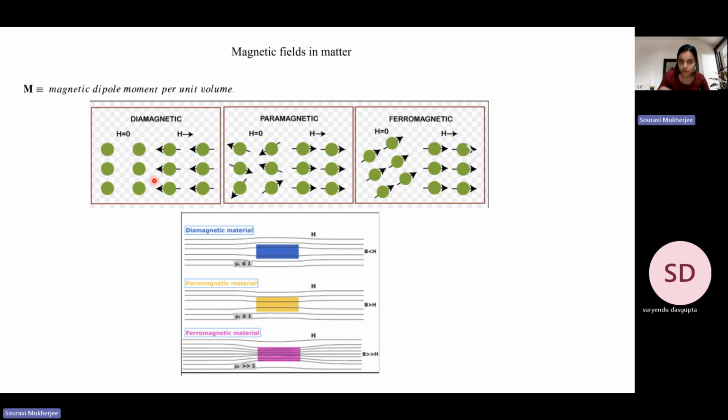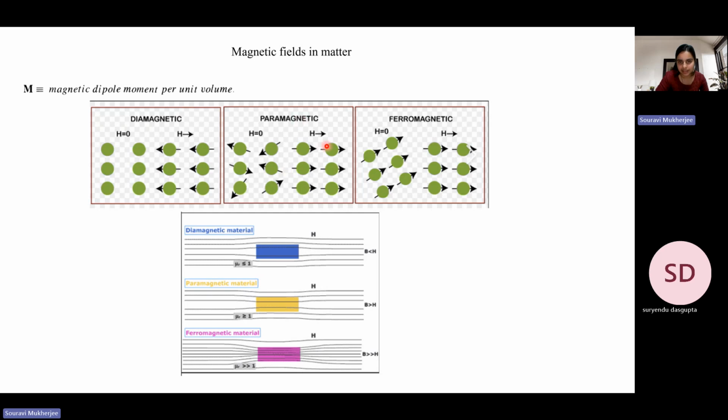It is less than what you have applied or what is there in the surrounding. Okay. So if you look at the field lines, this is how it will look. The field lines will disperse inside the diamagnetic medium. They'll move away. For this case, the relative permeability, if you define, will be smaller than 1.